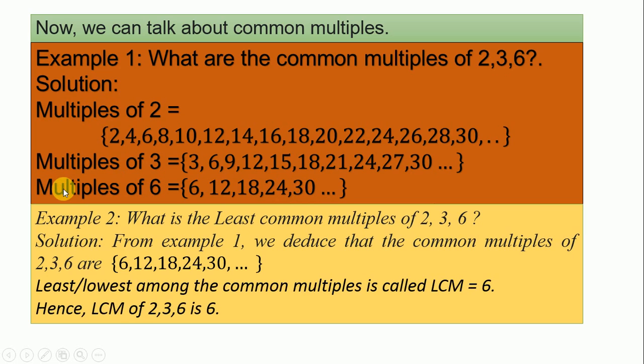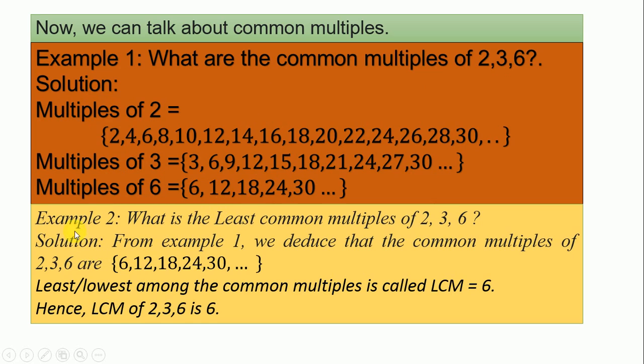You can see the multiples of 6 are 6, 12, 18, 24, and 30. So we are trying to look at the common multiples of 2, 3, 6.